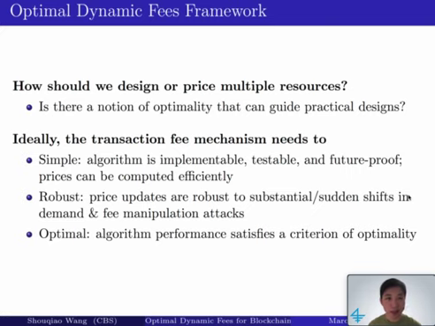Simplicity means it should be straightforward to implement and easy to understand. Robustness guarantees our system should be built to withstand unpredictable market changes and protect against manipulation. And optimality shows that our mechanism needs to be the most efficient under some criteria.